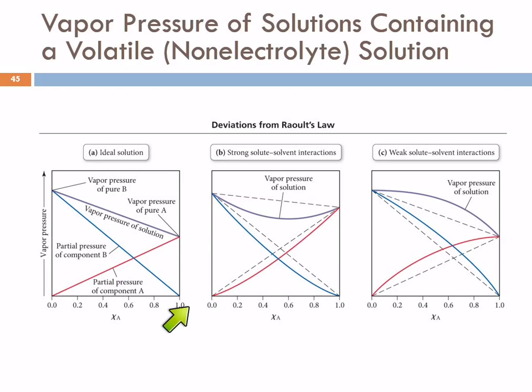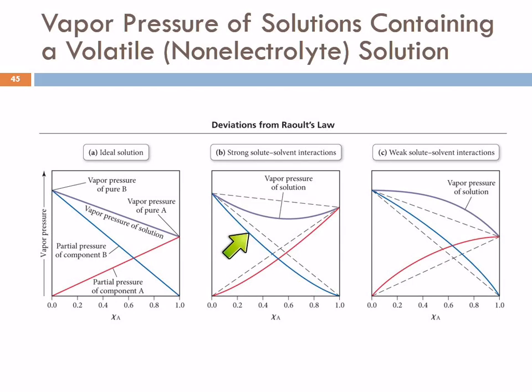So when there are strong interactions between the solute and the solvent, we see a bowing in these lines, and it goes below what is expected. So the vapor pressure of component A is lower than expected, except where the mole fraction is 1 and the mole fraction is 0, because at that point you have a pure substance, either A or B, and there's no interactions.